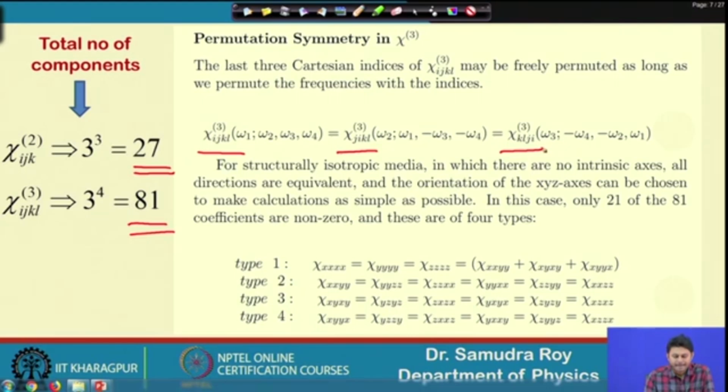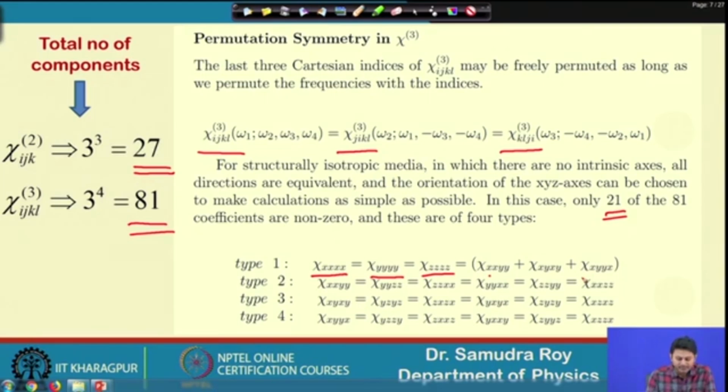And also for a specific isotropic system, these different terms, the 81 different terms, can be reduced to only 21 different terms, because they have some internal symmetry here. This internal symmetry suggests that XXXX, YYYY, and ZZZZ are the same.